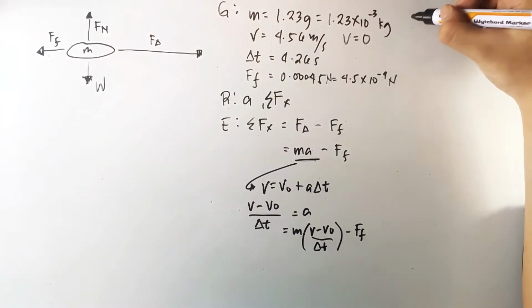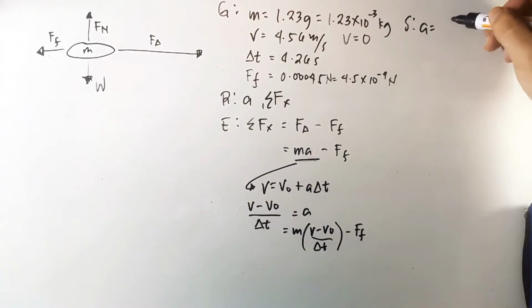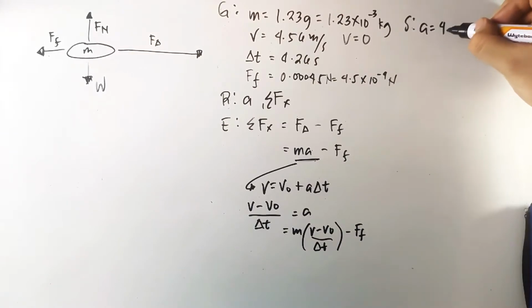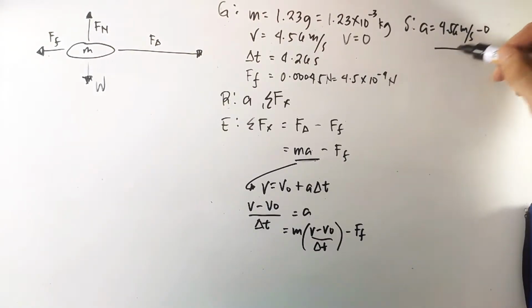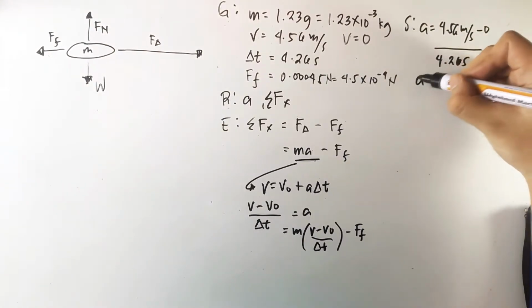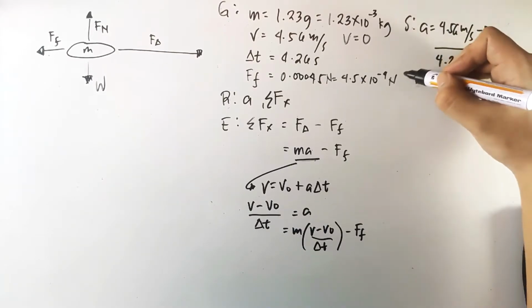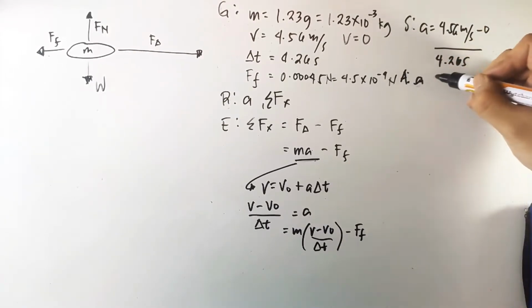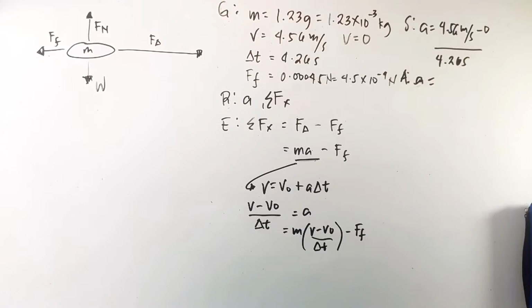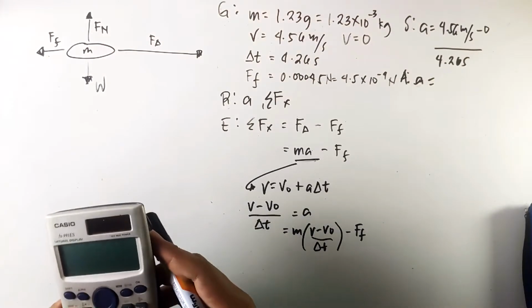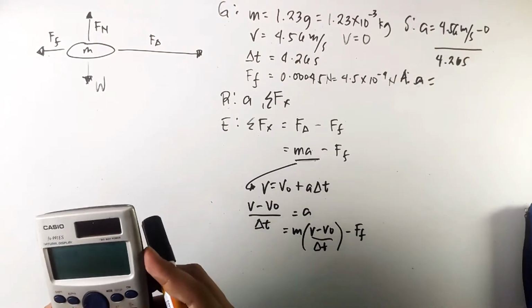So for the solution, let's find acceleration first. So that's 4.56 meters per second minus 0 divided by 4.26 seconds. So our answer for acceleration is, what's the answer to this? 4.56 divided by 4.26.